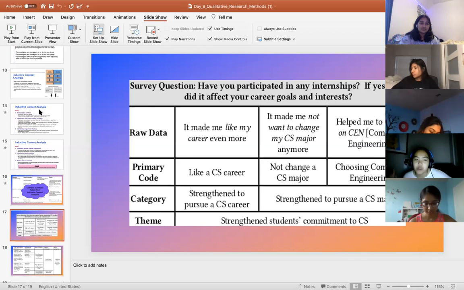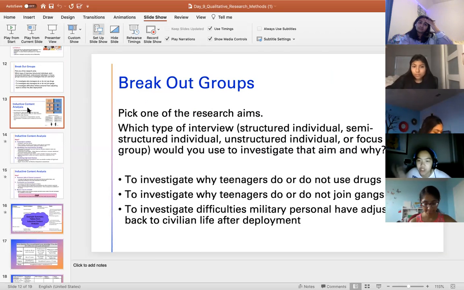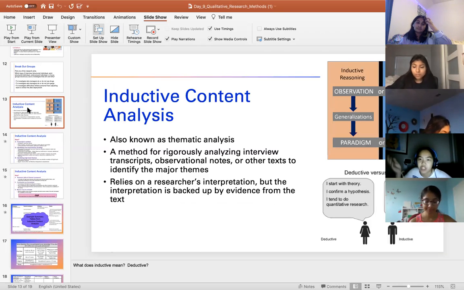So wouldn't you have a transcript for every type of qualitative research method? I don't, you're right. Isn't the transcript basically your notes sort of? So if you were doing an interview, you can either have an audio recording of the interview or a video recording, or you taking notes.